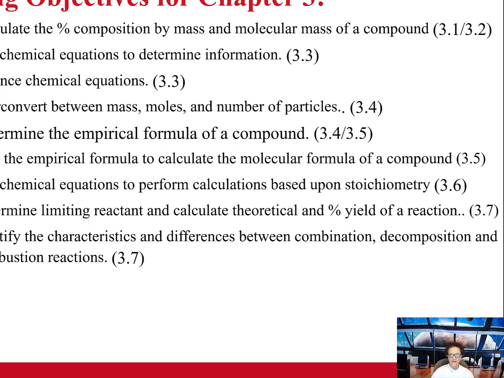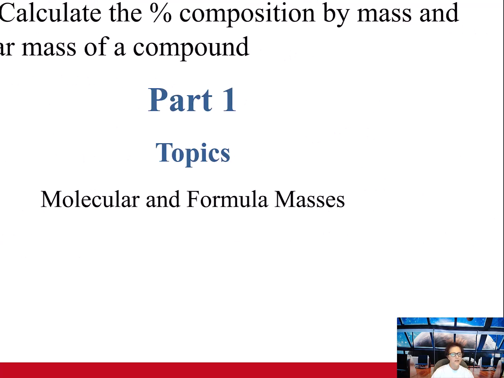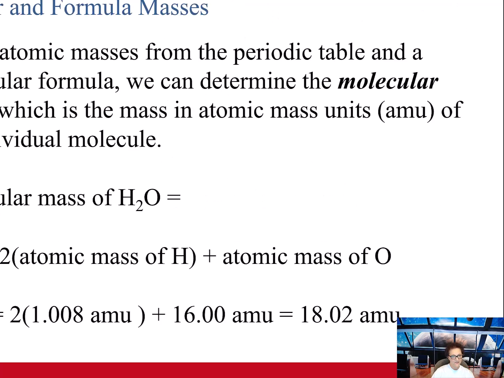So these are all the things we're covering. We're doing 3.1 through 3.7 in the sections of the Burge textbook if you're following along with that. So part 1, we're going to talk about molecular and formula masses. We learned how to do the AMUs for an element such as hydrogen.